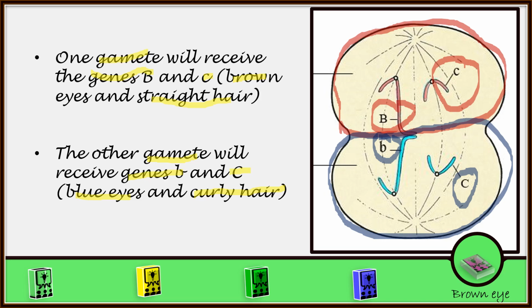So those gametes are going to have contrasting characters. In terms of eyes, this one will have brown eyes and this one will have blue eyes. Then when it comes to hair, this one will have straight hair and this one will have curl hair.